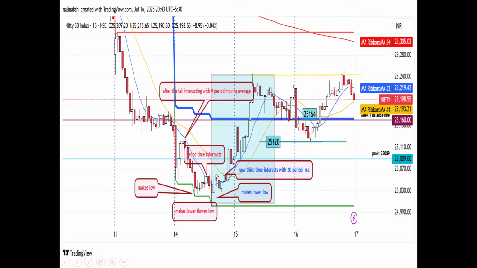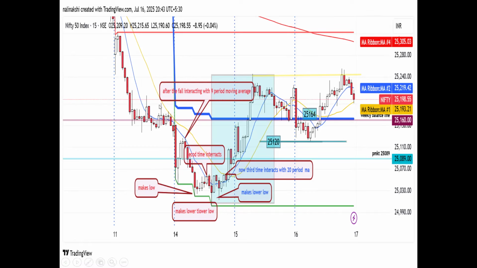Equal high, and if you observe very carefully, it made a slight high above this price action. And then it made a higher low. You can see there. And then price made a higher high interacting with the 20-period moving average.